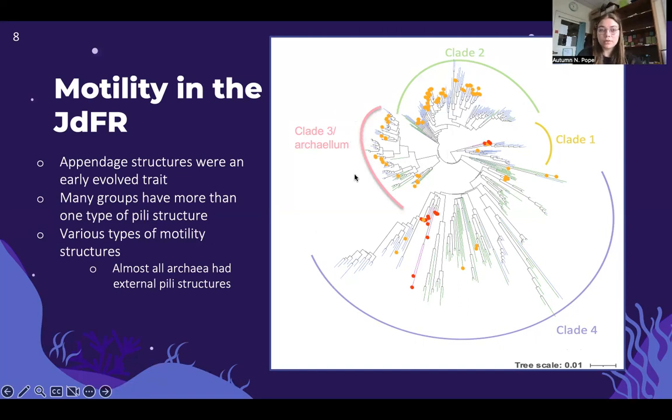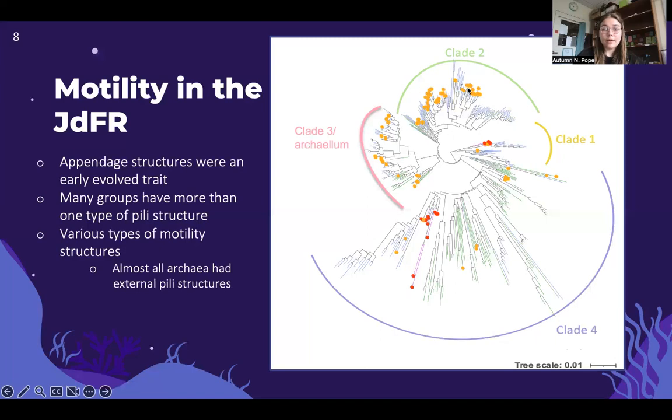Some important takeaways from this tree: based on where the Hydrothermarchaeota are placed in the tree, they're placed pretty far back. So that could possibly show that these appendage structures were an early evolved trait.